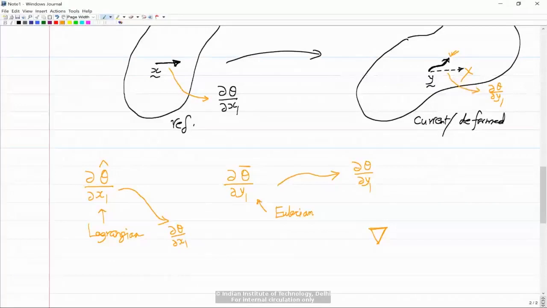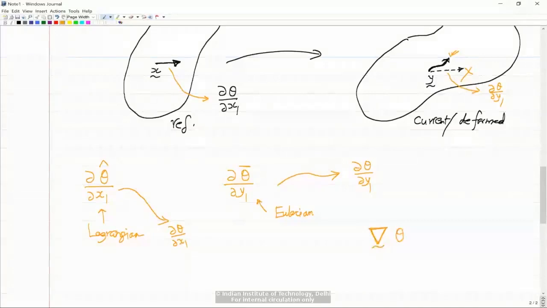And you see it's a vector operation, because you have to take the derivative with respect to all the three coordinates, for example. So being a vector, I could use a tilde below. Either you make it bold or you use a tilde below. Okay, so you can say gradient of theta.